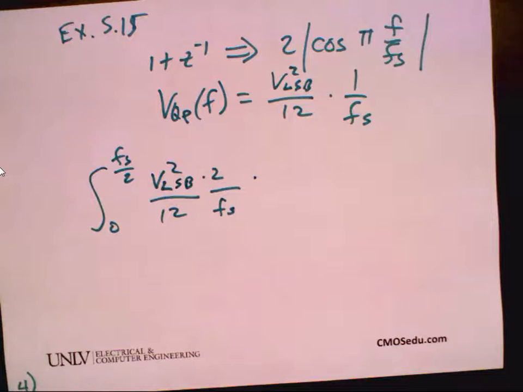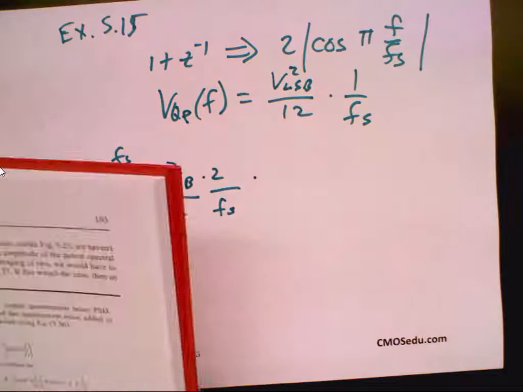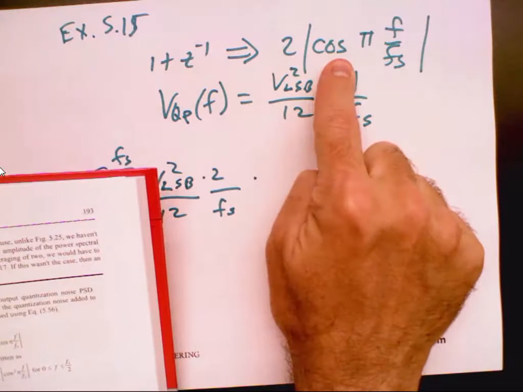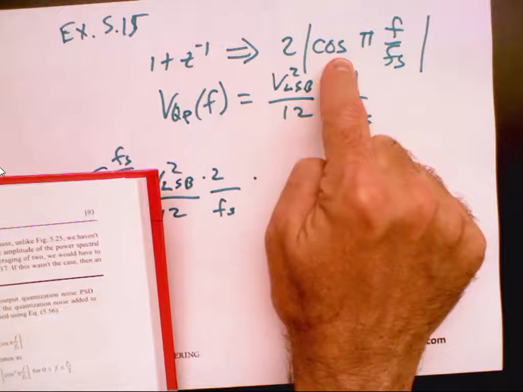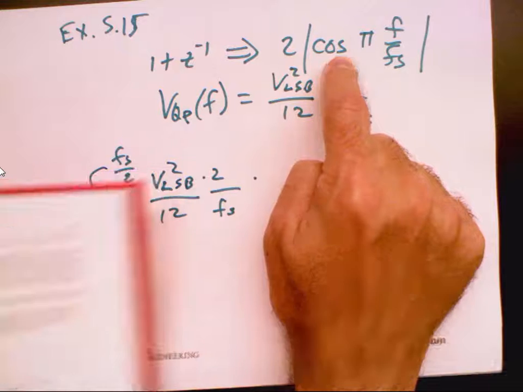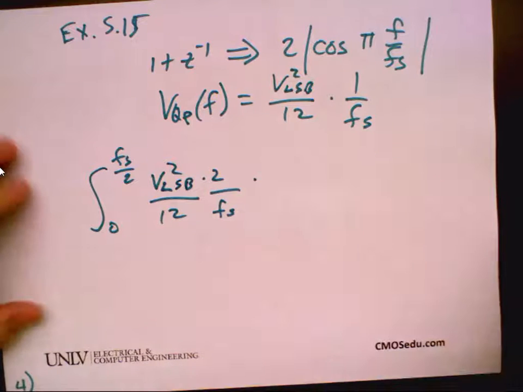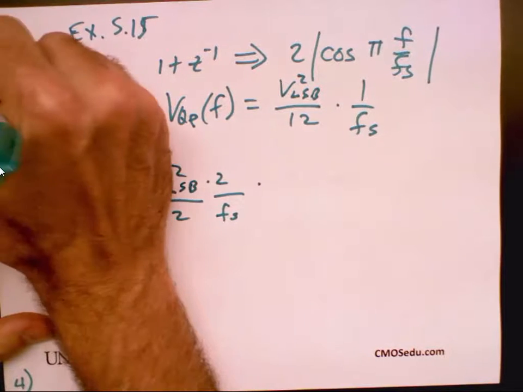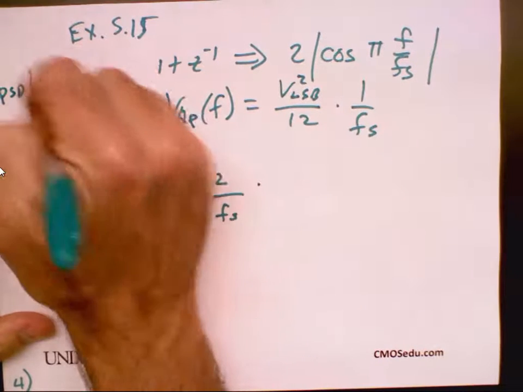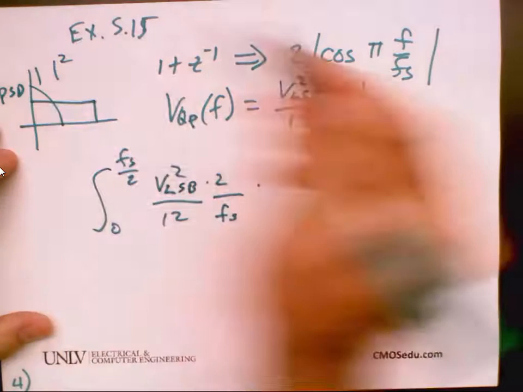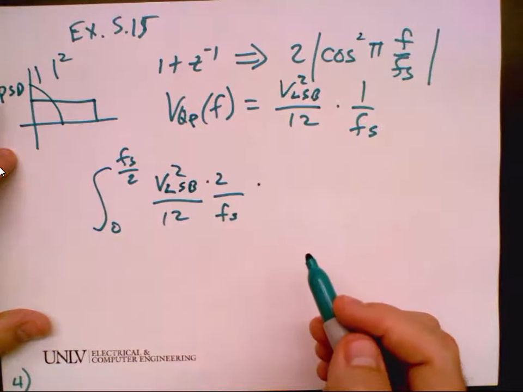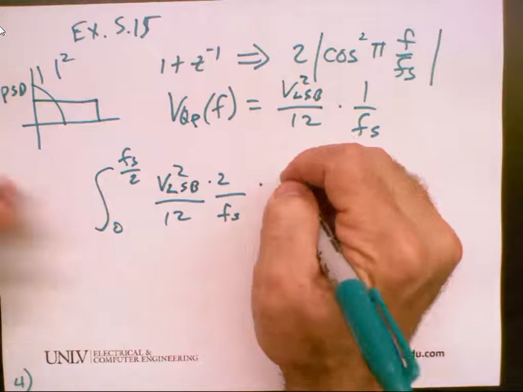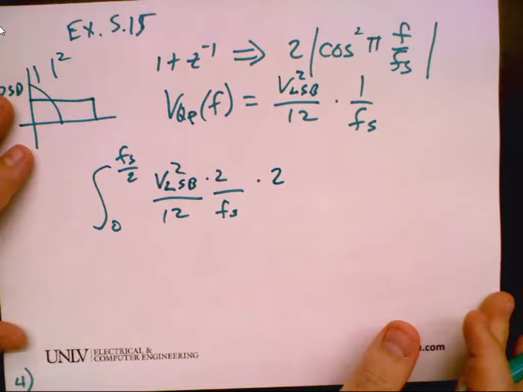Oh, duh. I left off, when I integrate the spectrum, I have to square the filter transfer function. So I'm integrating the power in the spectrum. P is the power spectral density, and then my filter transfer function I have to square. So using that trigonometric identity of cosine squared, I can rewrite this as 2. Did I lose anybody on that?